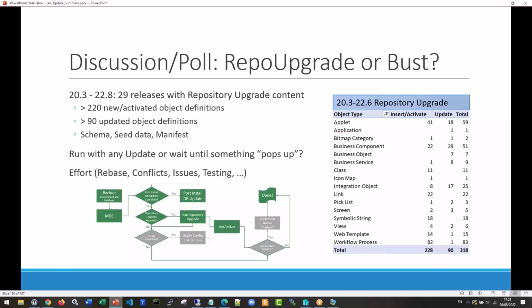I said it's only half true because you probably have schema changes already done in your database, seed data imported in some tables like LOVs, and the manifest changes. They wouldn't affect you much, but to roll back from a repository upgrade that you did not finish, you basically have to restore a backup completely.